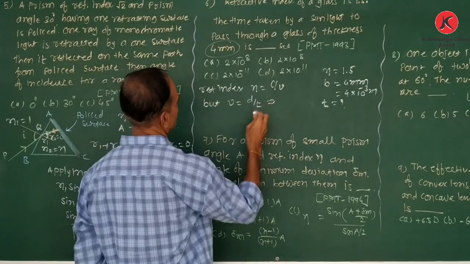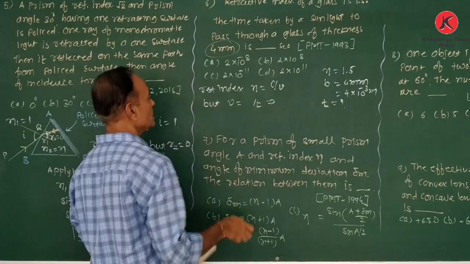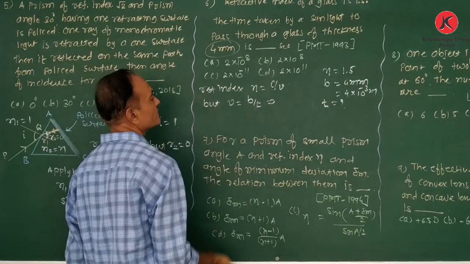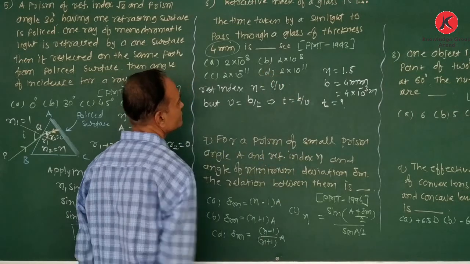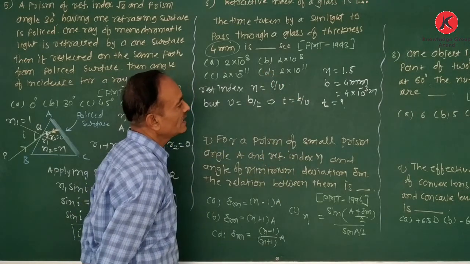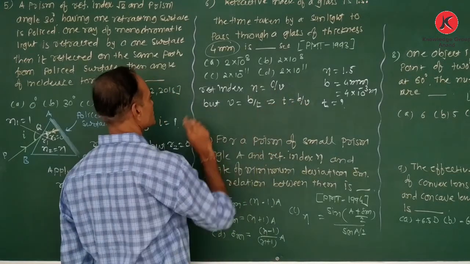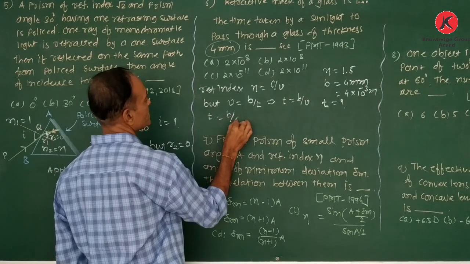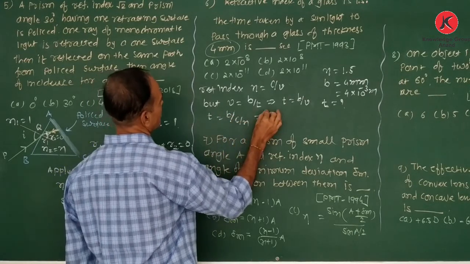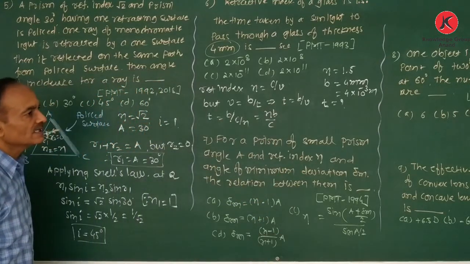Here we consider distance as the thickness. Therefore, v is b upon t. Therefore, t is equal to b by v. Substitute the value of v from this. Therefore, t is equal to b upon c upon n. Therefore, n b upon c.